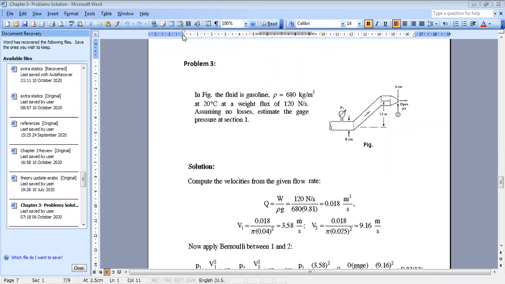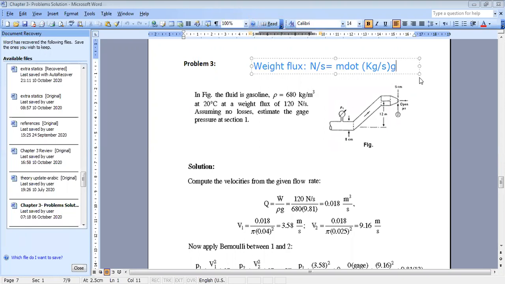So when they tell you a weight flux, the unit is a Newton per second, okay? And it's equal to m dot, which is the mass flow rate, which is in kilogram per second, times g, okay?